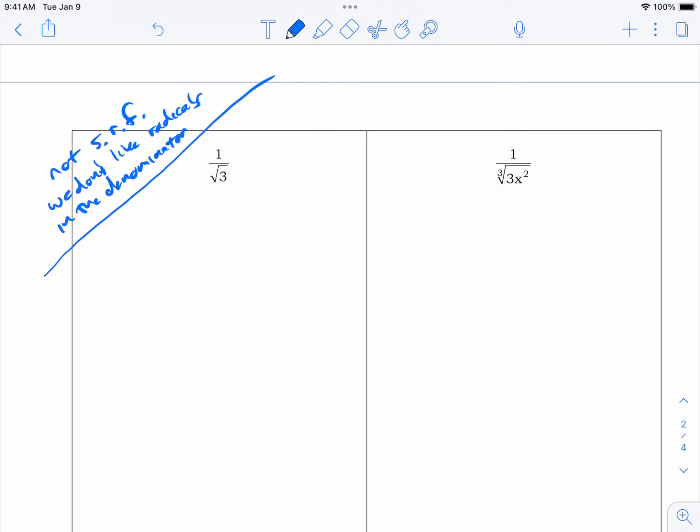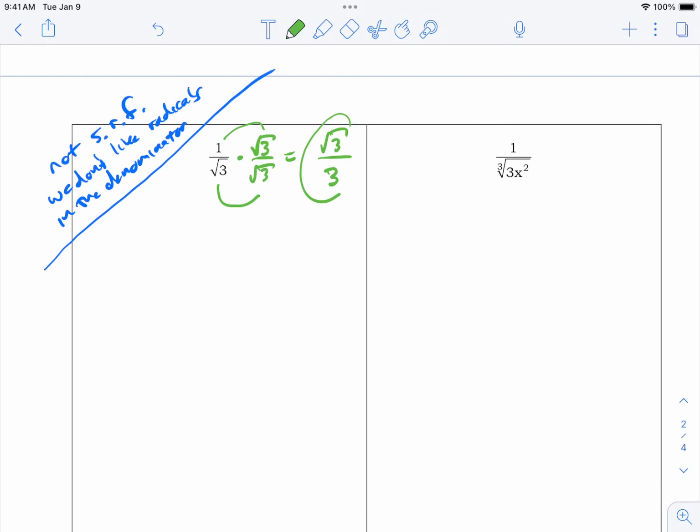So the standard trick for this kind of thing, you'll like this. I got a square root of 3 and I don't like it. Well, remember you could change fractions this way. Multiply the top and bottom by the same thing. Multiplying by root 3 over root 3 works great because up here, 1 times root 3 is just root 3. And on the bottom, root 3 times root 3 is just a 3.